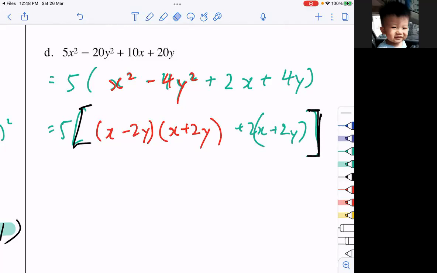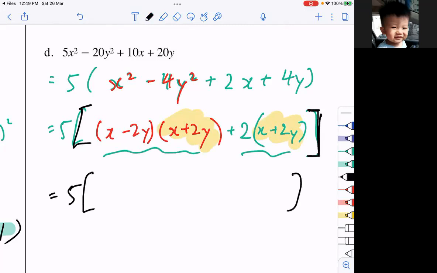Let me write nicely. Anything common within term 1 and term 2? X plus 2y shows up in both places, right? So I can factorize this again. This is coming out. Okay, so I copy most of the rest.